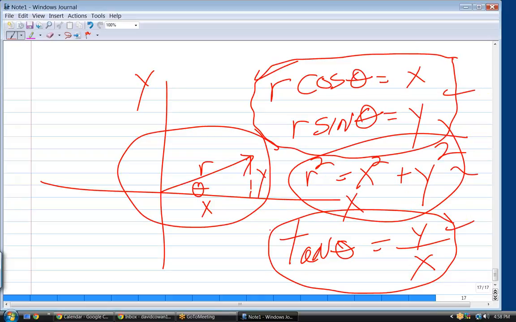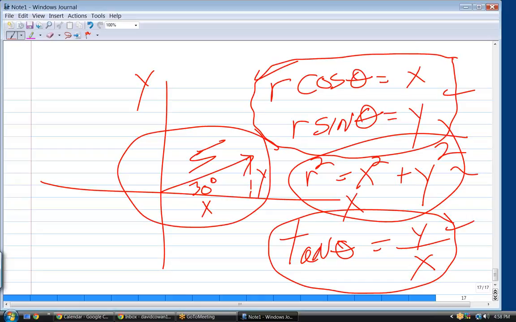Okay? And converting is as simple as that. In other words, if r is 5 and theta is 30 degrees, then x is cosine of 30 degrees times 5.